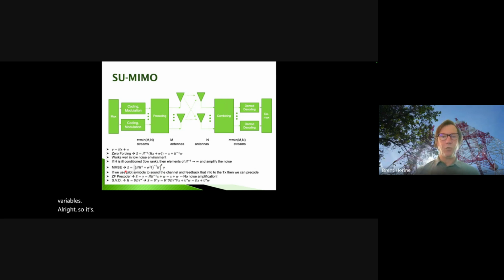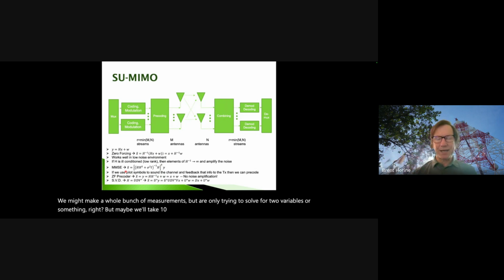We might make a whole bunch of measurements but are only trying to solve for 2 variables. Maybe we'll take 10 measurements, so we have 5 times as many equations as we need. So we put all that in, and that gives us a non-square or rectangular matrix.